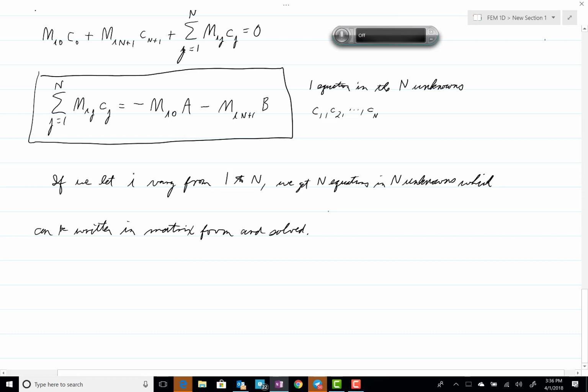And that's how we use the finite element method with a Galerkin testing and a weak formulation to solve a 1D differential equation.